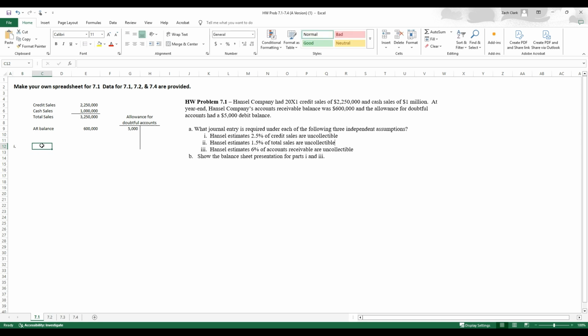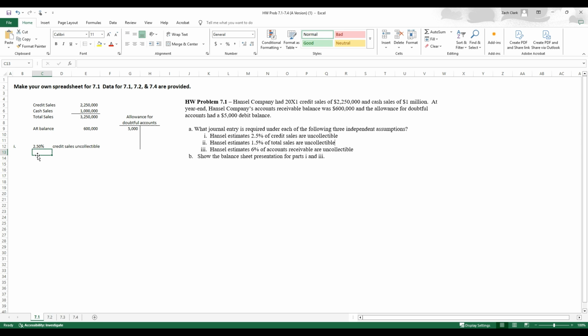And if we have an estimation of 2.5, so I'm going to put in 2.5%, and that's credit sales uncollectible, then we're doing the sales method in this instance, right? So with the sales method, we don't have to really care about this when we're calculating our allowance.